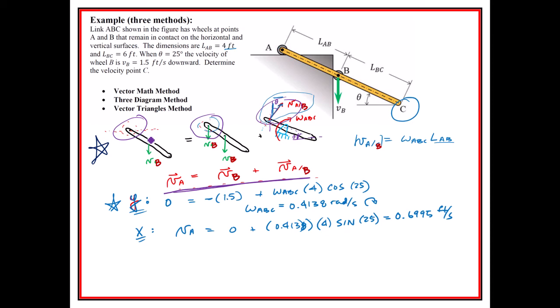So if we want the velocity of A, what we want to do is add to it the velocity of B, which is a vector right there, downwards, and we're going to add a vector right here that we know the sense of, right, has to be up along this length right here.